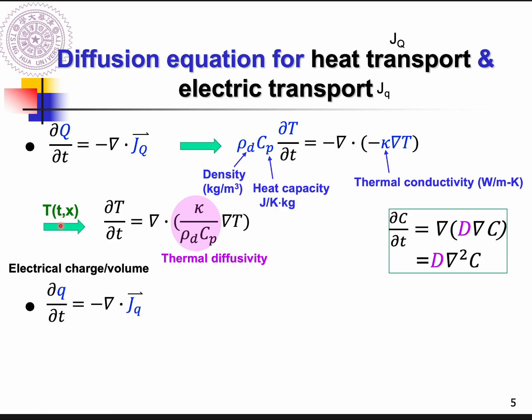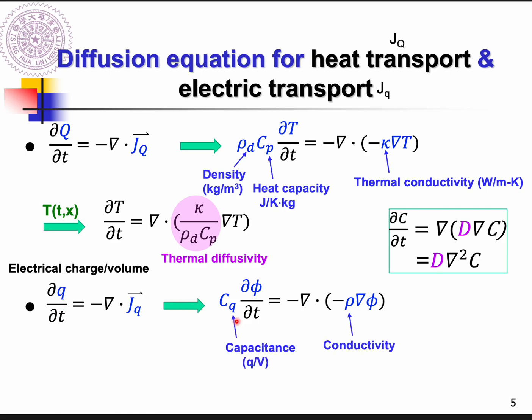The same idea can be used in charge transport. Regarding the charge transport Q, here we will use the capacitance times d phi. And also here it will obey Ohm's law, so we will get a negative electrical conductivity times the electrical potential gradient.